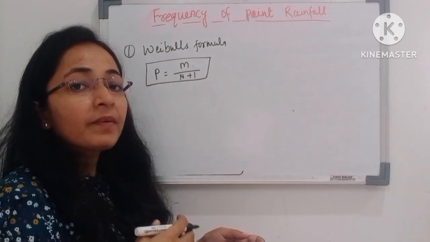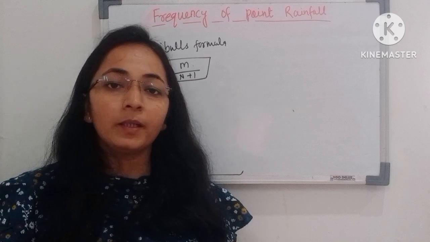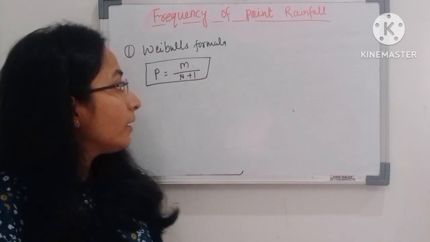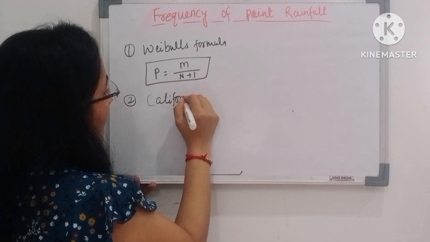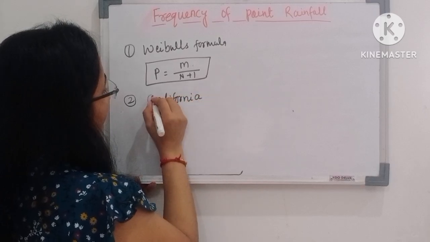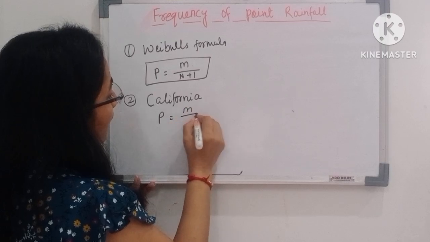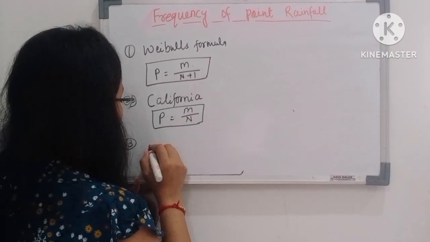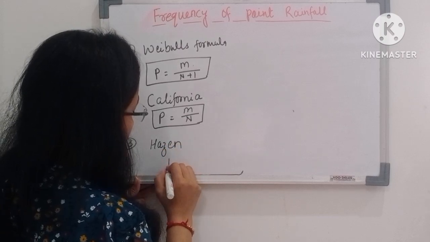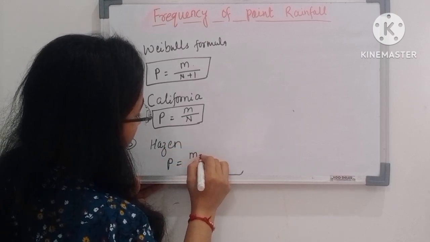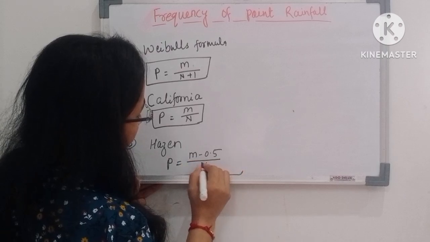There are several formulas available to estimate the probability of exceedance, like the California formula, where the probability is equal to m upon n. Third is the Hazen formula. Here P is equal to m minus 0.5 upon n.